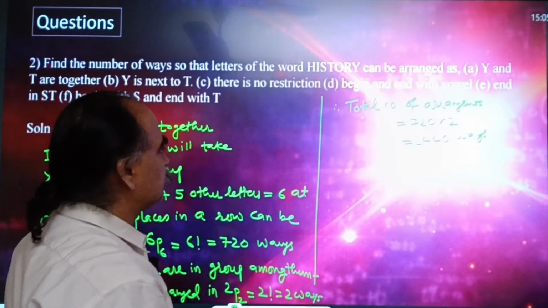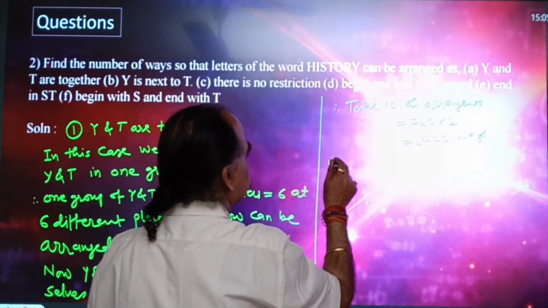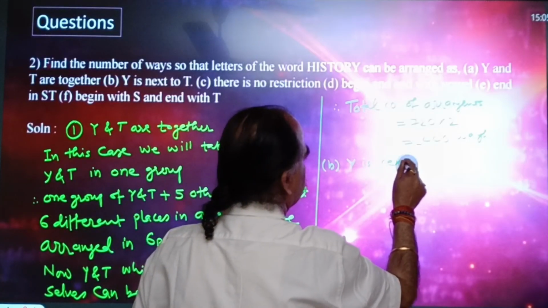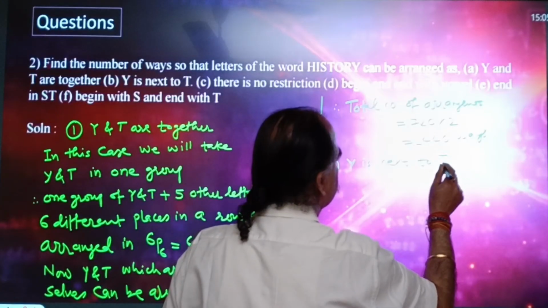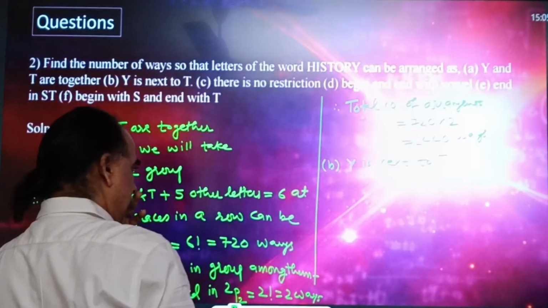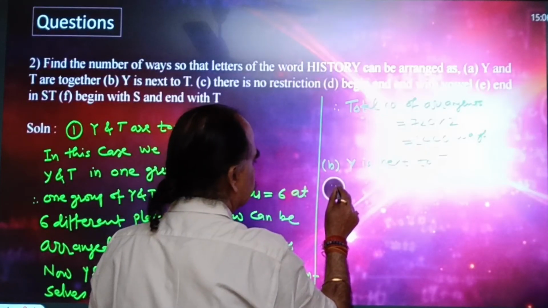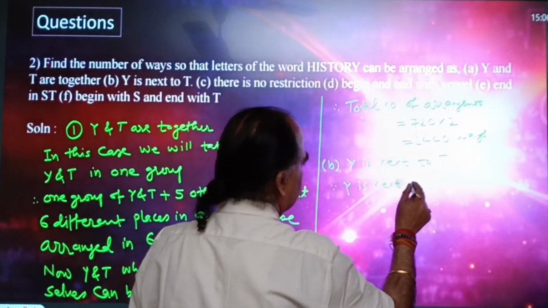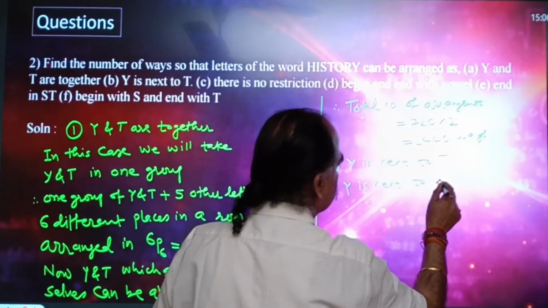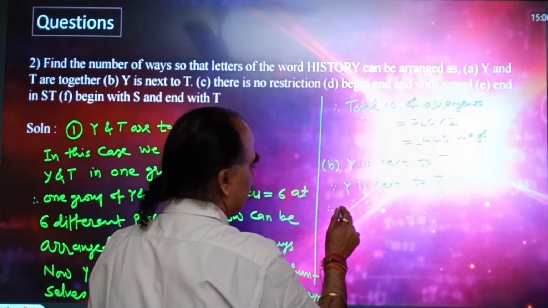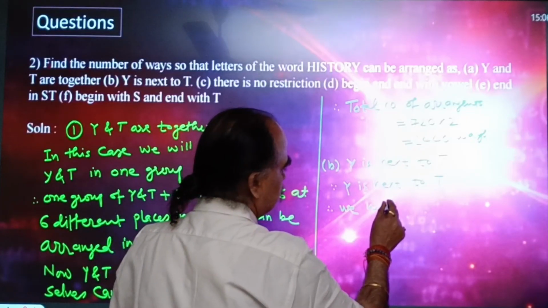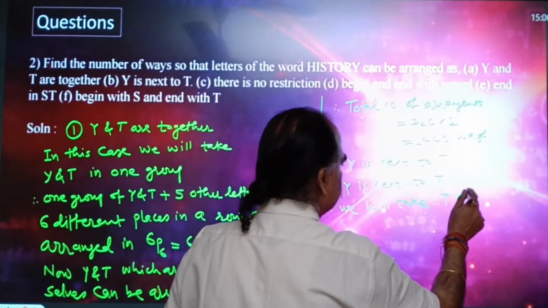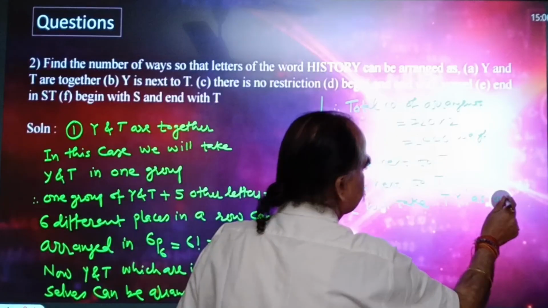B part is: Y is next to T. Since Y is next to T, therefore we will take TY as 1 unit.